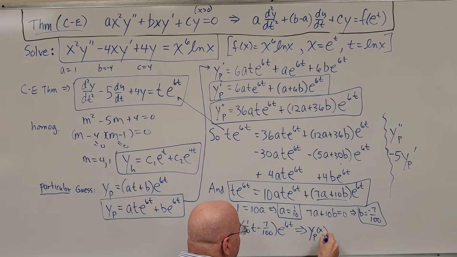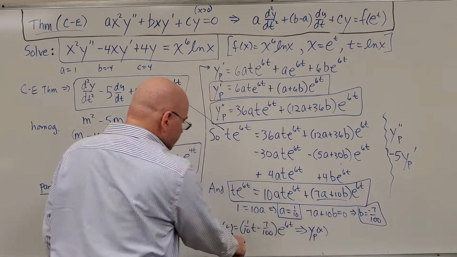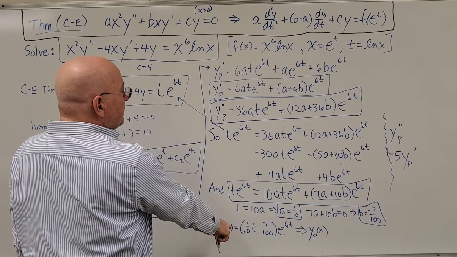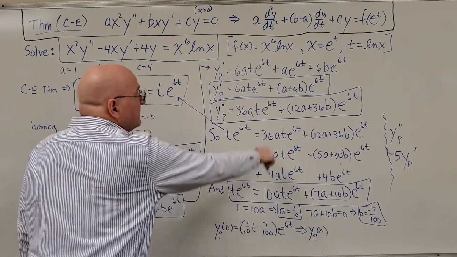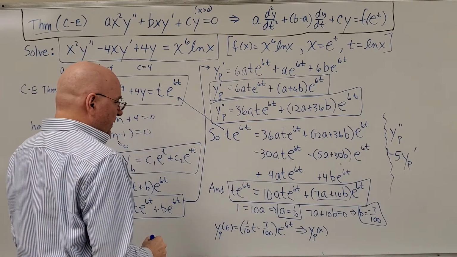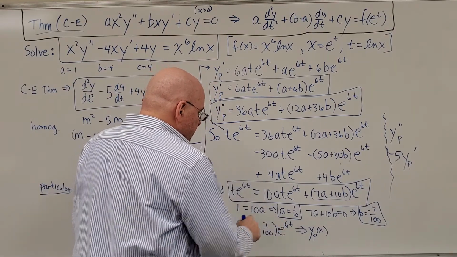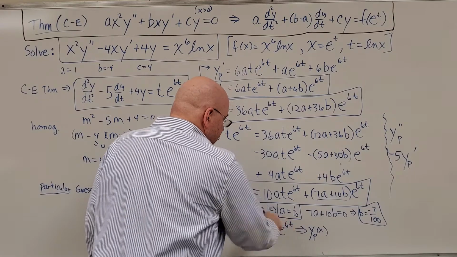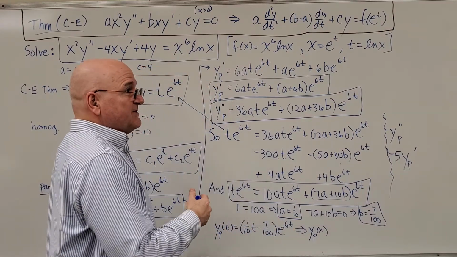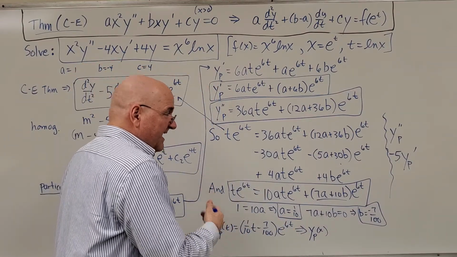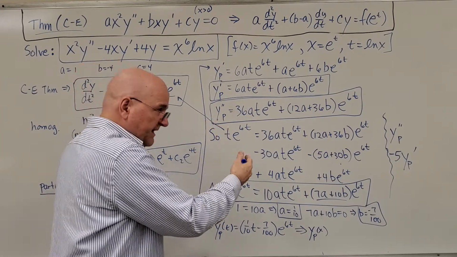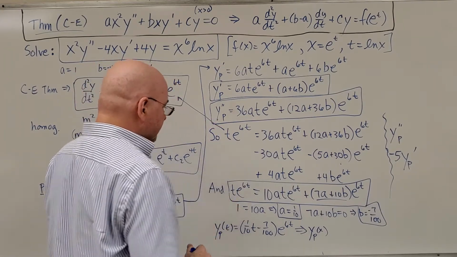yp of x, all we need to do is the substitutions. What is t equal to? ln x. So this would be like e to the 6 ln x, or e to the ln of x to the 6th, which is just going to give us x to the 6th.